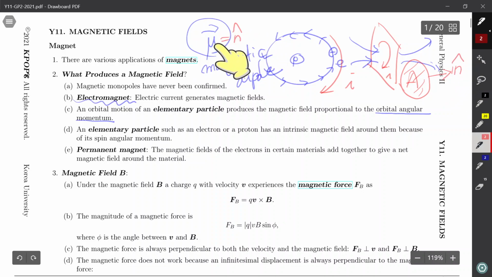Then the magnetic dipole is current times area, proportional to the unit normal vector to the surface enclosed by the orbit.